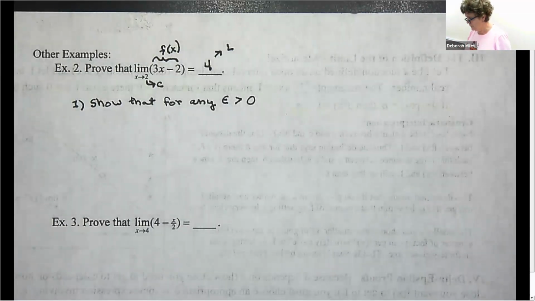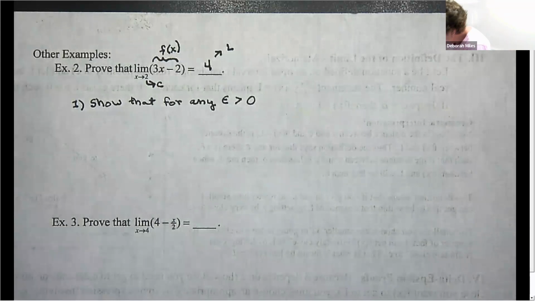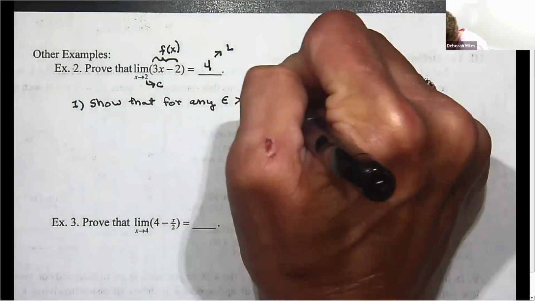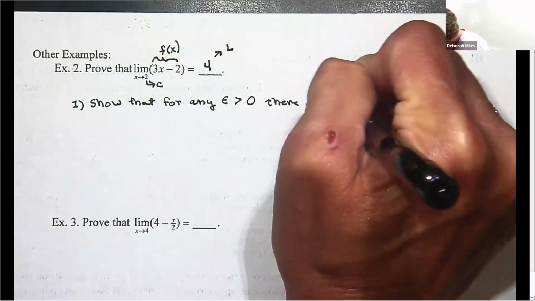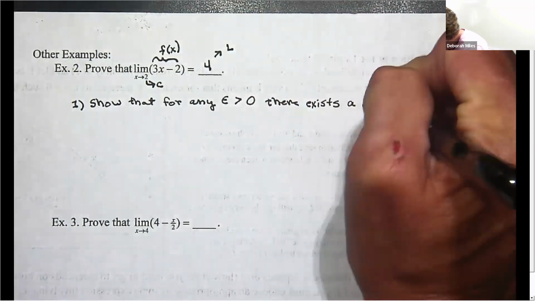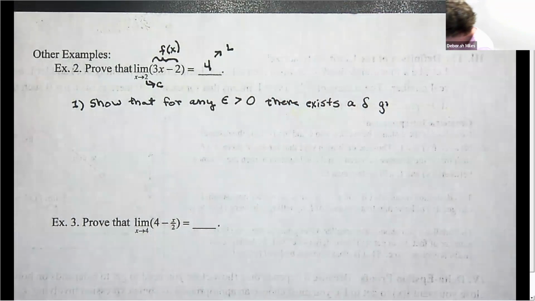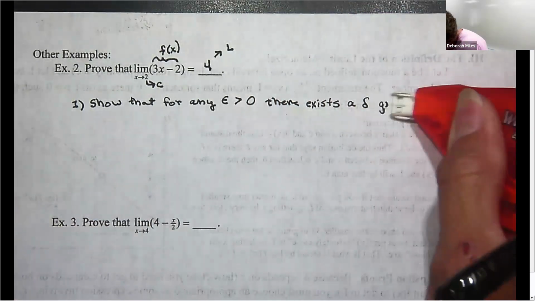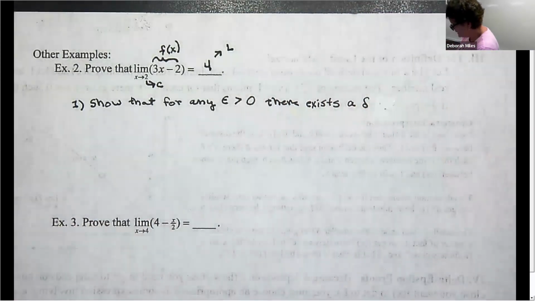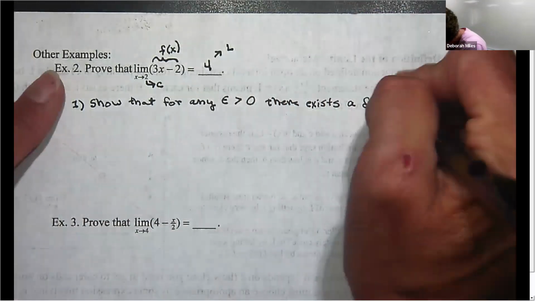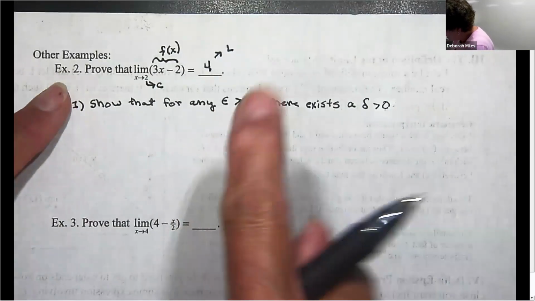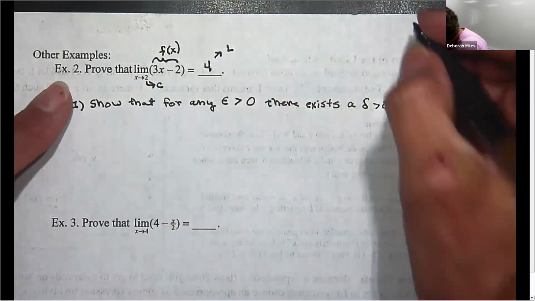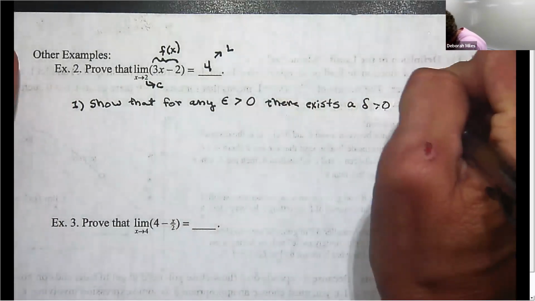That's what epsilon is. For any epsilon greater than 0, there exists a delta greater than 0. It doesn't make sense to talk about negative distances.